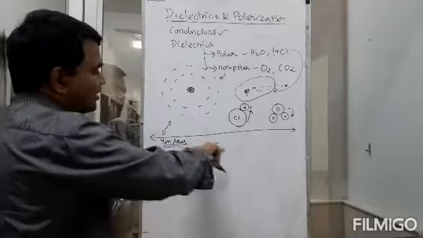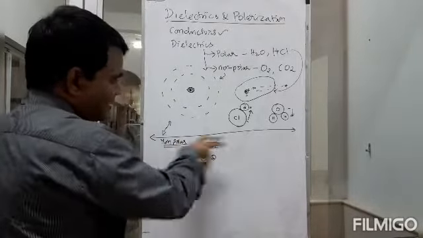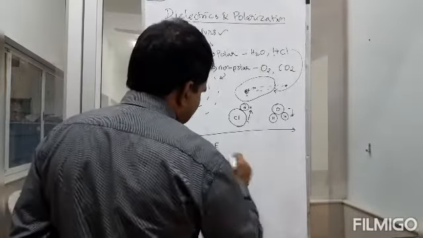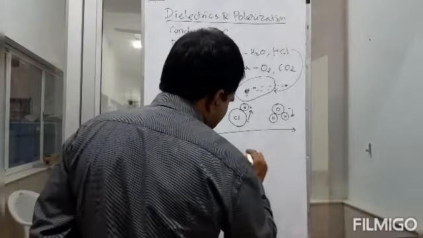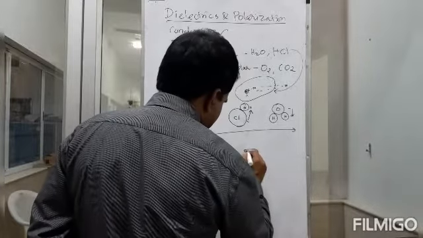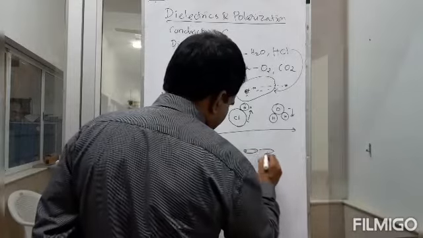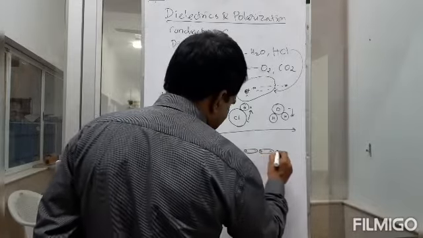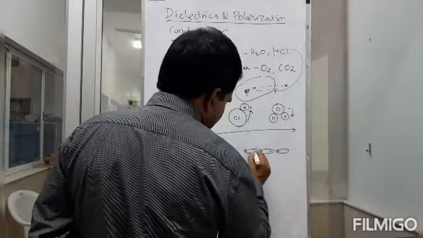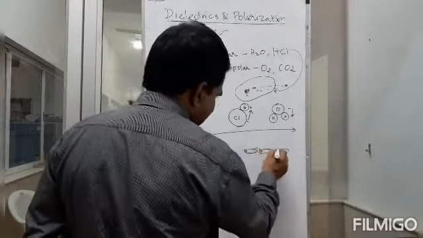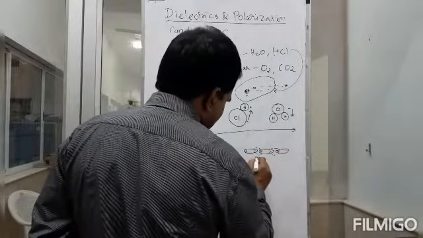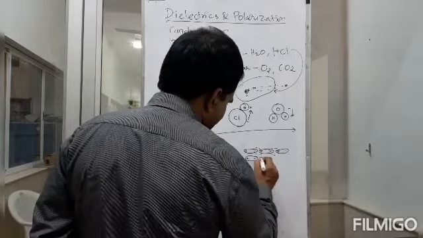But the moment you subject them to an electric field, this kind of situation takes place. So you have this plus minus, plus minus, plus minus. You see, now they get cancelled, because they are very close, and then it will result in a net plus on this side.